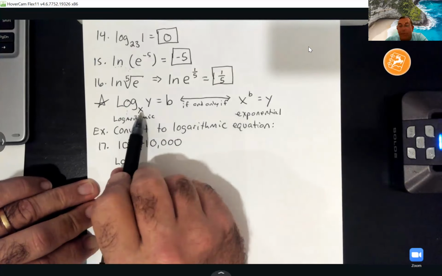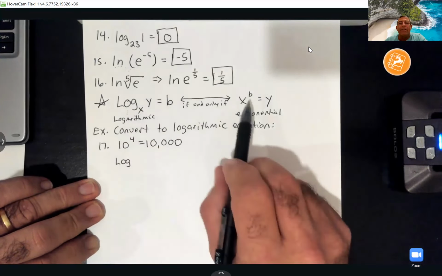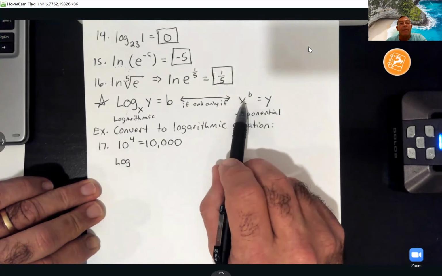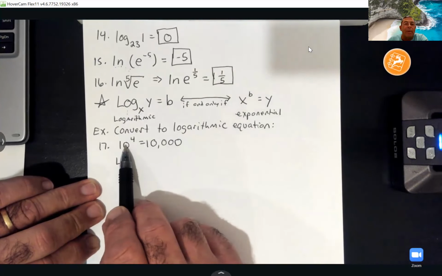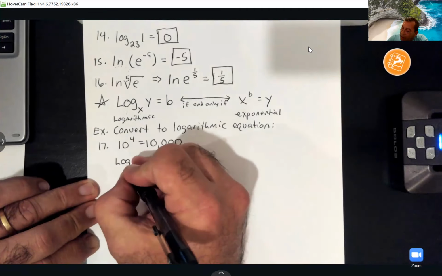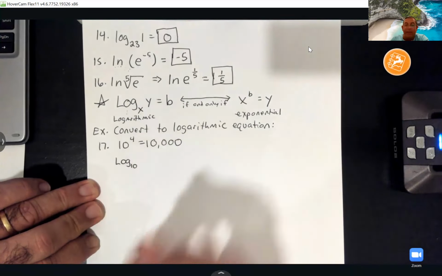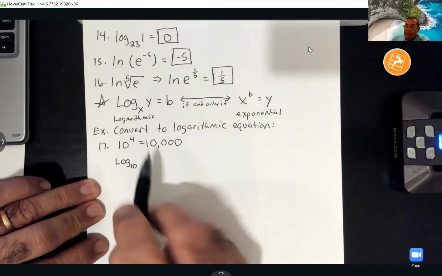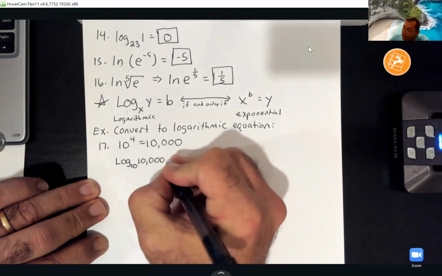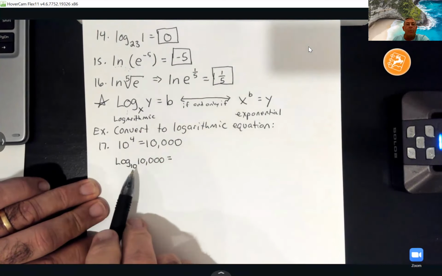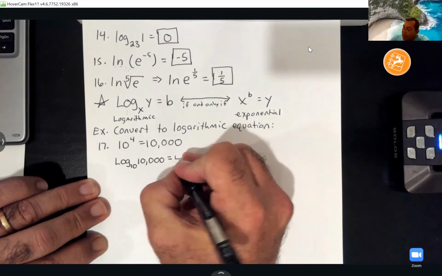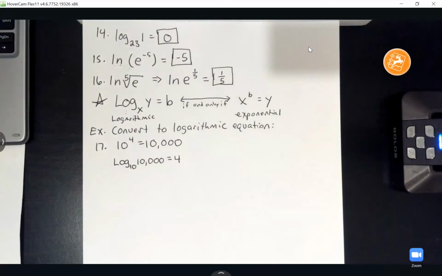Well, notice the base of the log is the same thing as the base of the exponential. So this is my base raised to my exponent to get my result. So this will be a log base 10. The result is the 10,000. So the log base 10 of 10,000 gives me the exponent of 4. There you go.